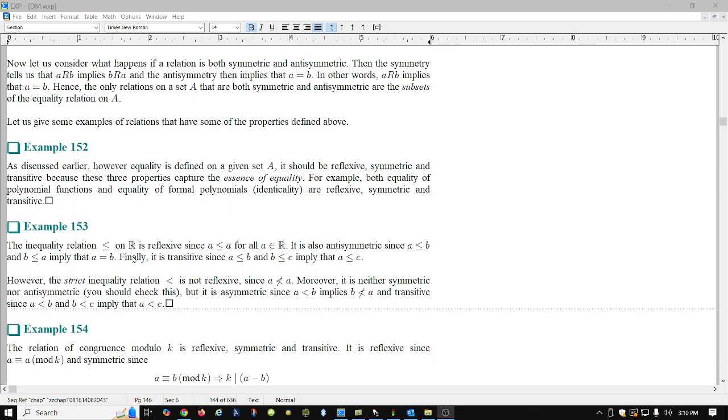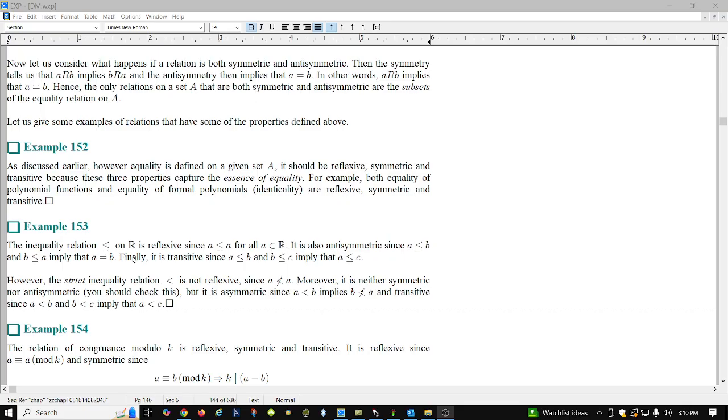Symmetry means ARB implies BRA, but if ARB and BRA, then anti-symmetry implies A equals B. So if we start with ARB, the symmetry gives us BRA, and then the anti-symmetry will give us A equals B. In other words, if two elements are related, they're the same element.